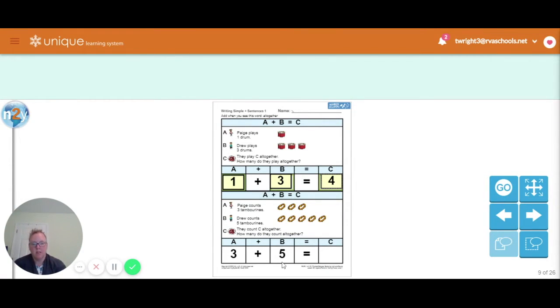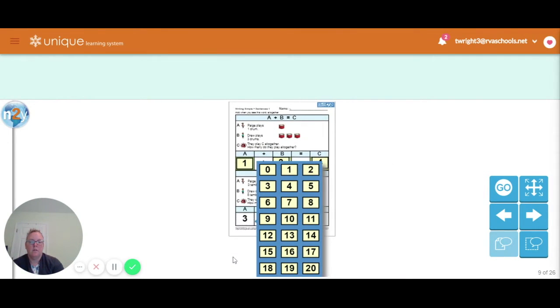All right, let's try this one. Paige counts 3 tambourines. 1, 2, 3. Drew counts 5 tambourines. 1, 2, 3, 4, 5. They count C altogether. How many do they count altogether? Let's find out. Let's find the 3. Point to it.